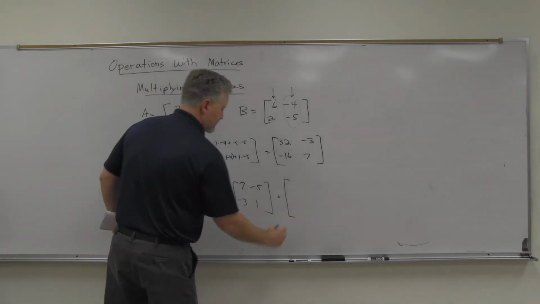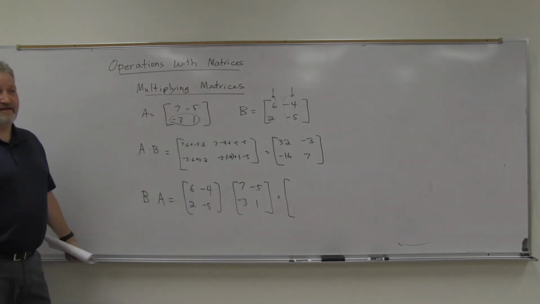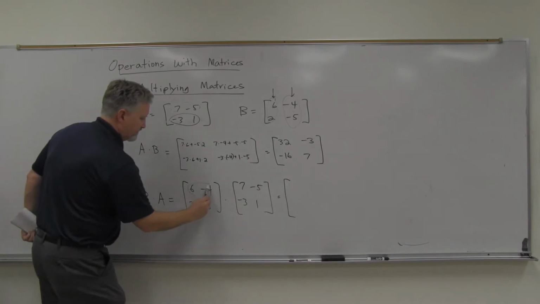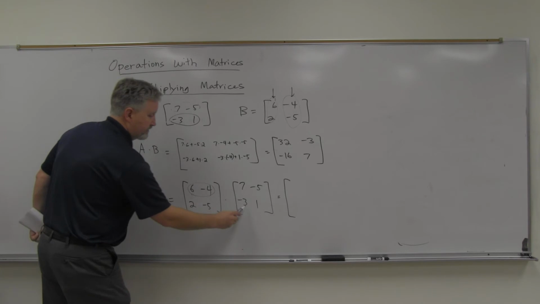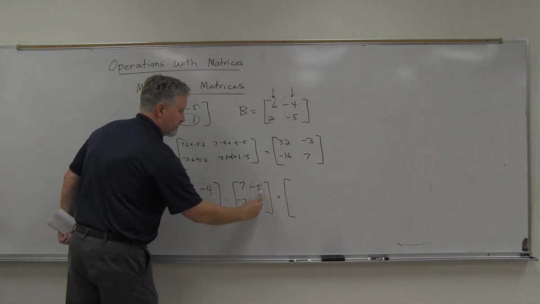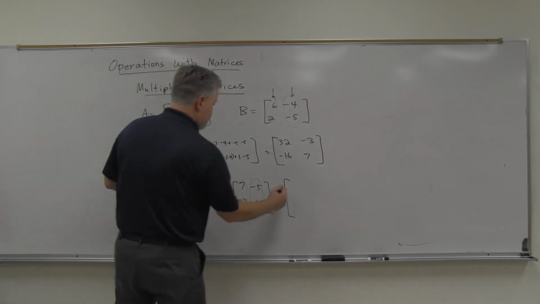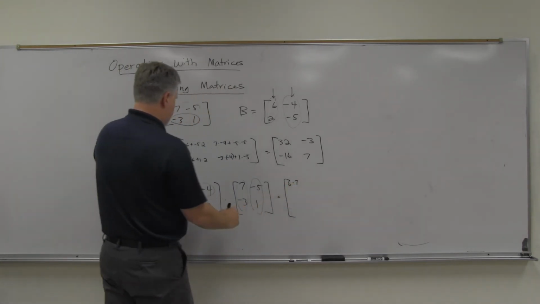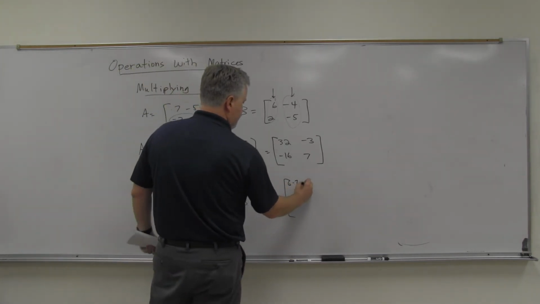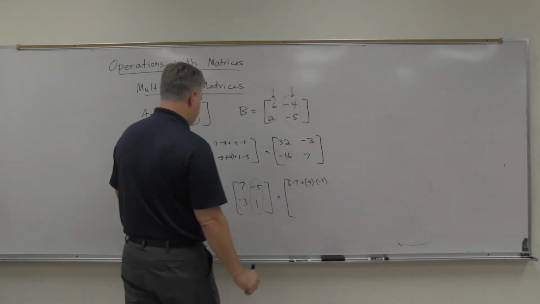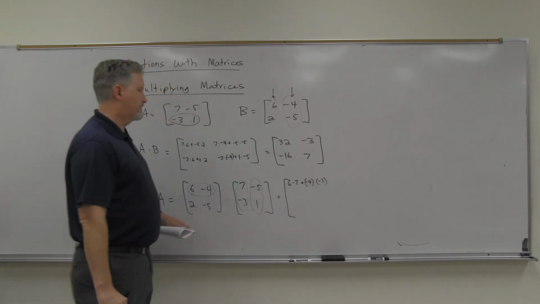So for one thing, that's definitely not starting off the same, because you got the first row here times the 2 columns over here, right? So you have 6 times 7 plus the negative 4 times negative 3. Do the first entry there.